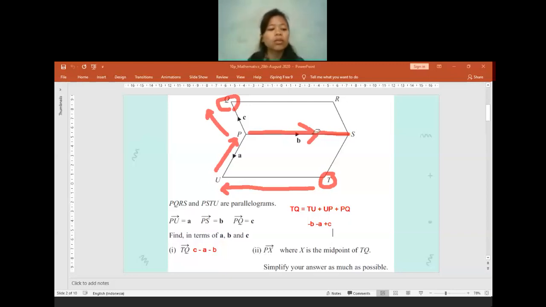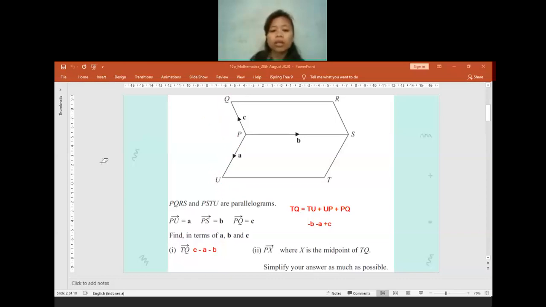If you get confused, it will be better if you try to decorate your diagram. So here, I can make a line that connects from T to Q. So this is the vector TQ. I can make TQ because this starts from T and then finishes at Q. So the arrow will be like this.